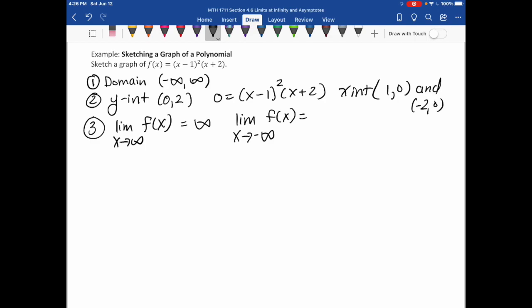So then when I take a positive times a negative, that's going to be a really, really large negative number. So I can say that the limit as x goes to negative infinity of our function is going to decrease without bound. So it's going to go to minus infinity. Since f is a polynomial function, we don't have to worry about any asymptotes.